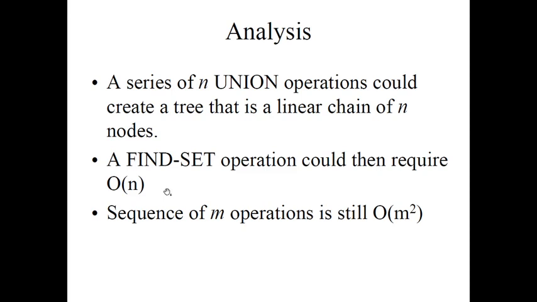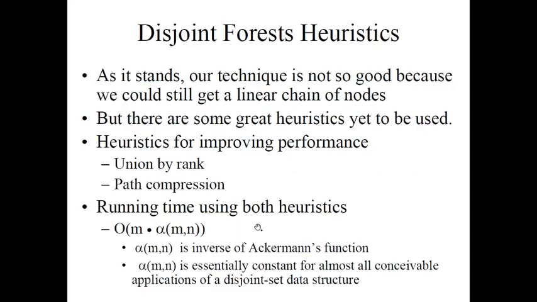And here the analysis is that a series of n union operations could create a tree that is a linear chain of n nodes. A find set operation could then require O of n. You have to traverse through all the edges in a linear manner. A sequence of m operations will be O of m squared, that is quite large.